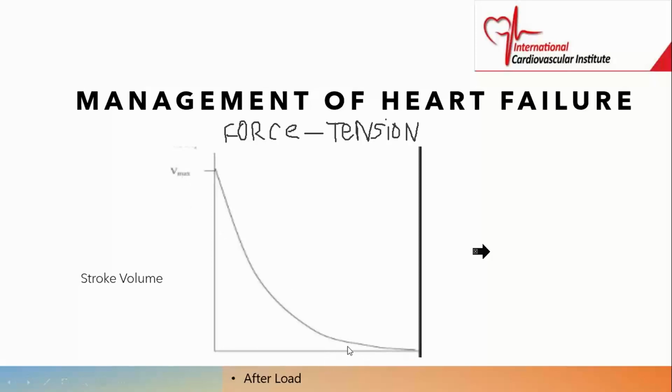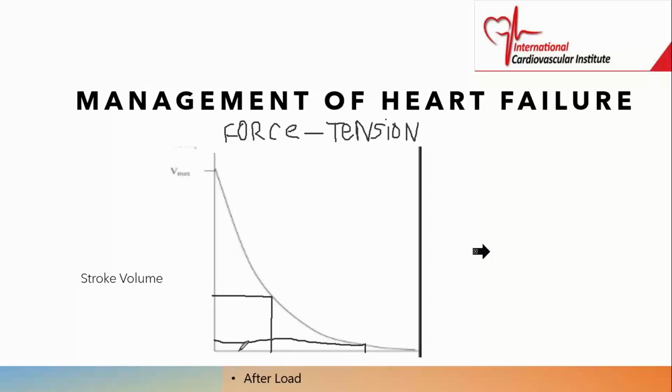is that at this afterload, which is a fairly high afterload, okay, the afterload increases from left to right. So at this afterload, you're going to get this stroke volume output, okay? So if you lower your afterload, you get much more output from the heart.